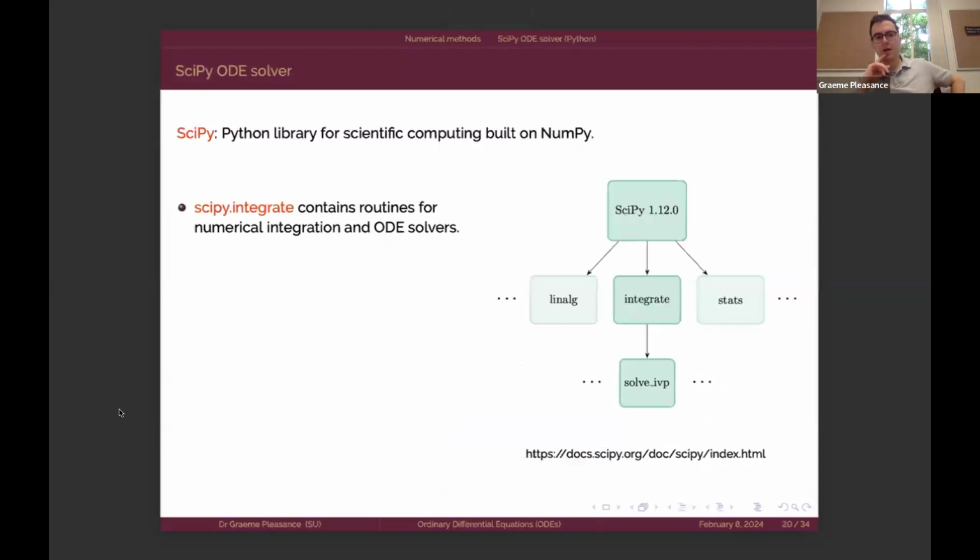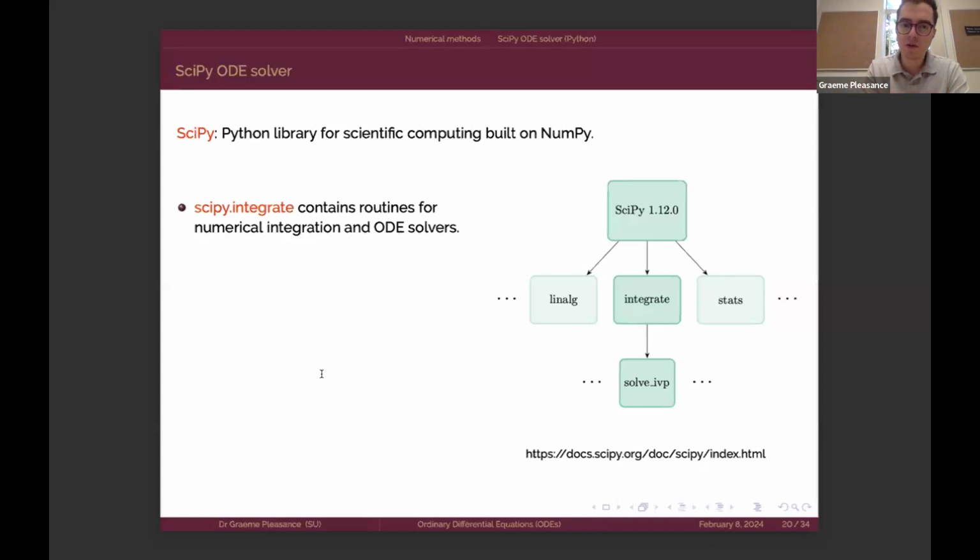As I mentioned, SciPy is a numerical library in Python that can be used for scientific computing. The library itself contains many sub packages that can be used for different types of problems.